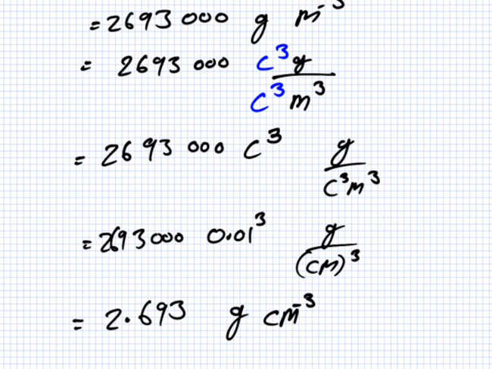So let's see what we get here. I get 2.693 grams per centimeter cubed. Yeah? Okay.